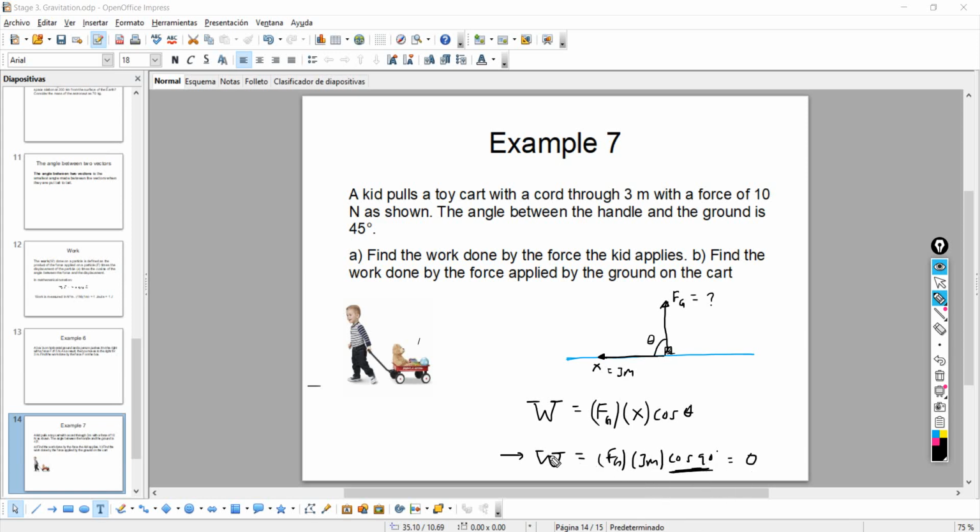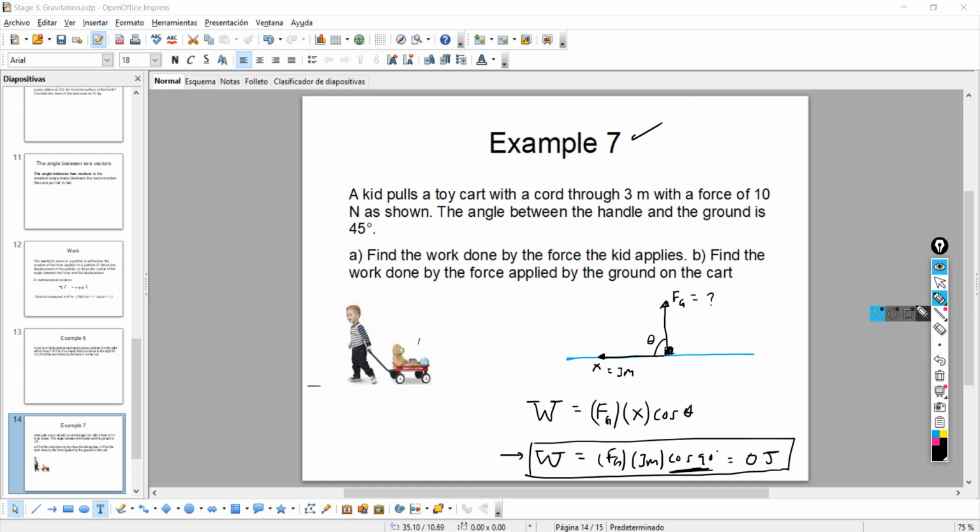So the work done by this force on this particle will be 0 joules, regardless of what value this is. We don't really need it. That's what I'm trying to tell you. So the work done by the force applied on the cart by the ground is going to be 0 joules. And that solves example number 7.